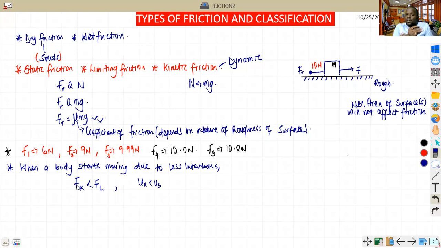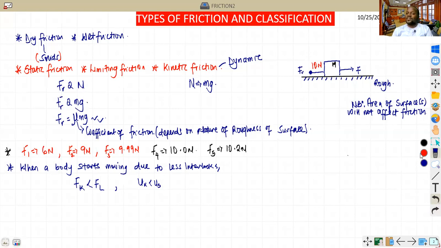Because what we are trying to say is that the limiting friction has been exceeded. And when the limiting friction has been exceeded, that means the amount of force of limiting friction is very much greater from what I've explained. You can see the limiting friction is greater than the kinetic friction. So the kinetic friction is just that small amount of force that is added to the limiting friction to let the body start moving.